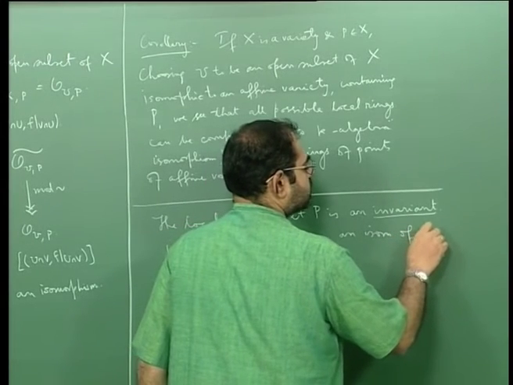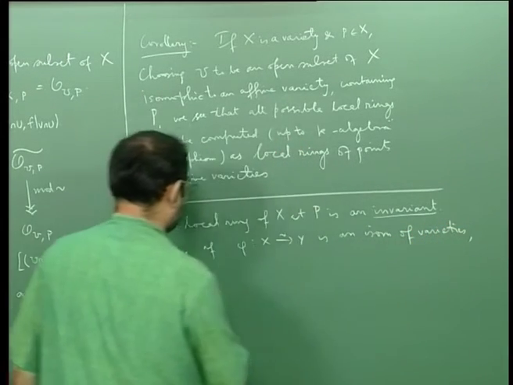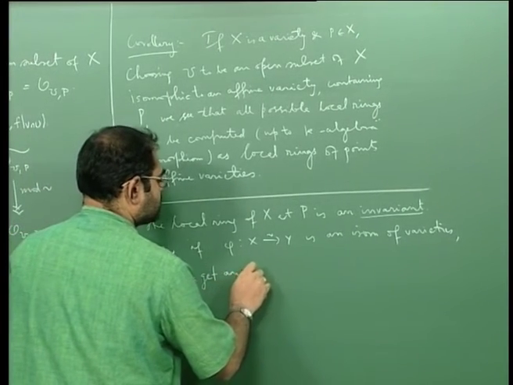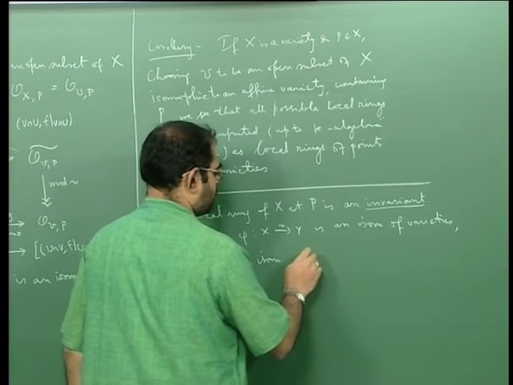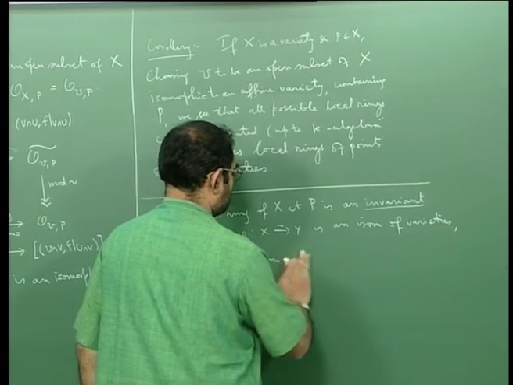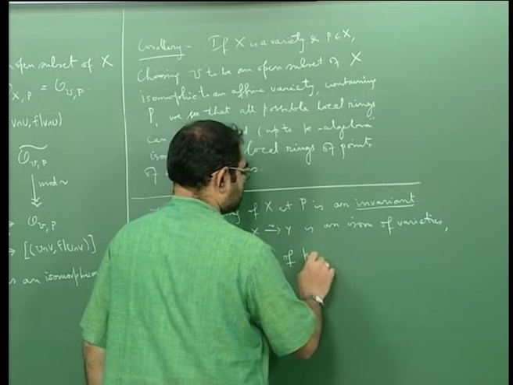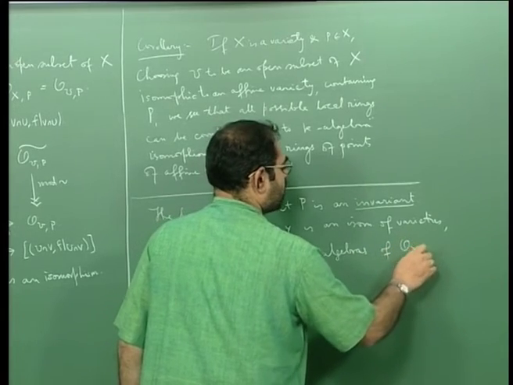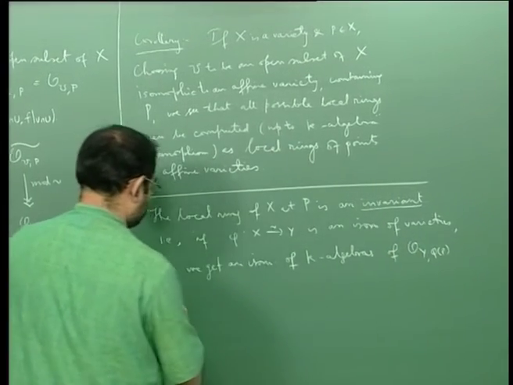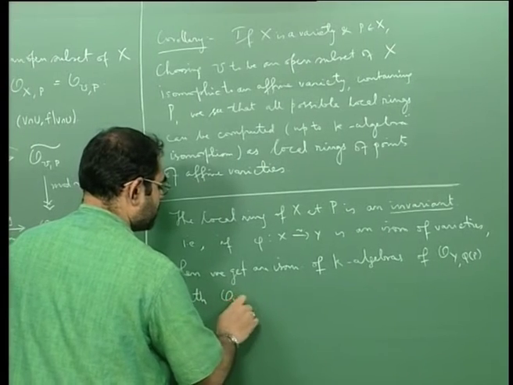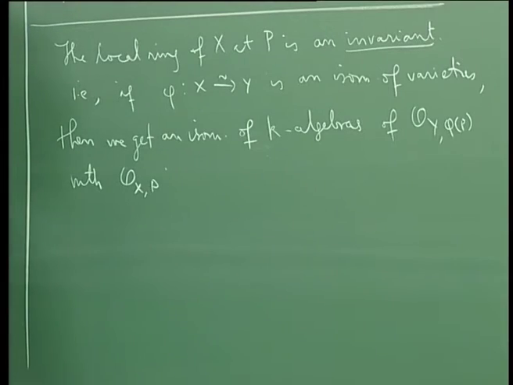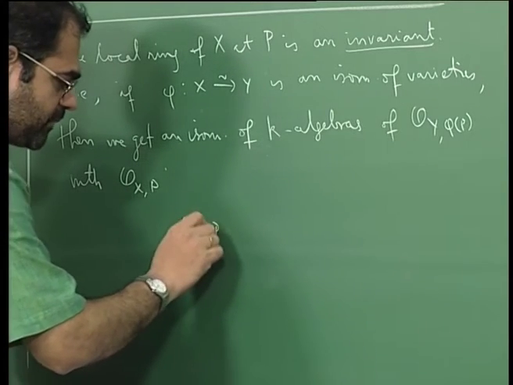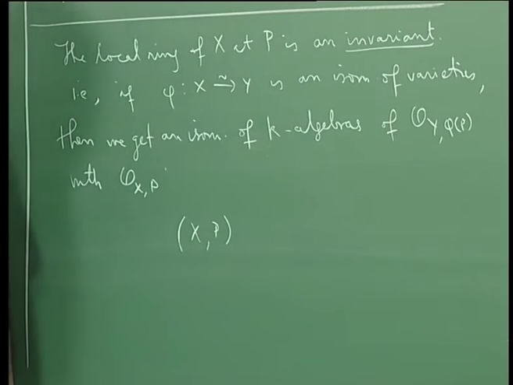of varieties, then we get an isomorphism phi of K-algebras of O_Y at phi(p) with O_X at p. So the situation is that you have X comma p, which is called a pointed variety, that is, a variety with a point.